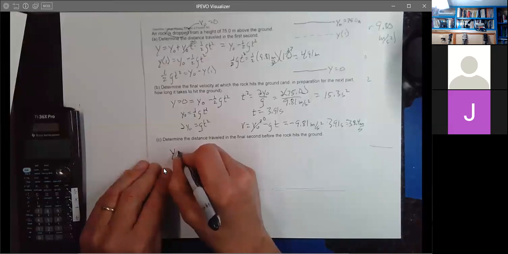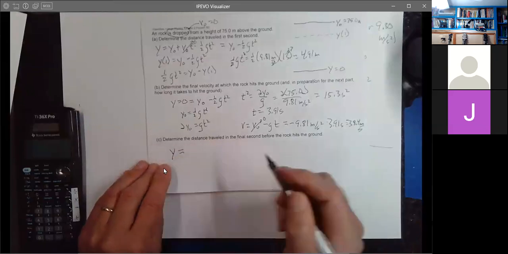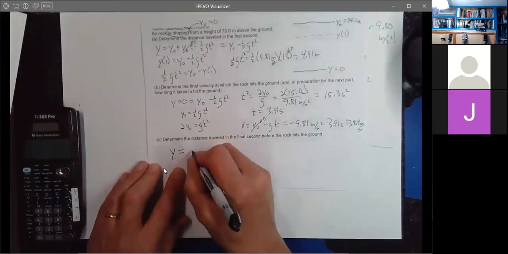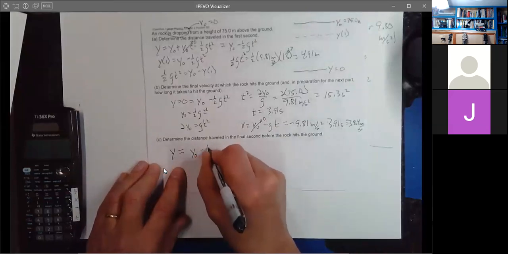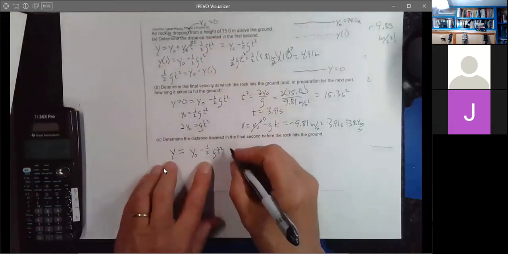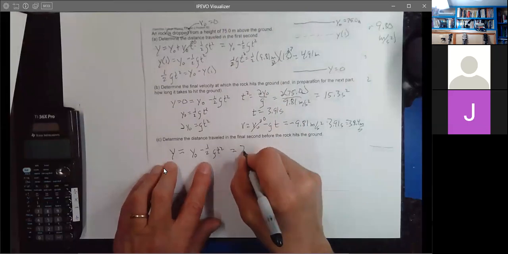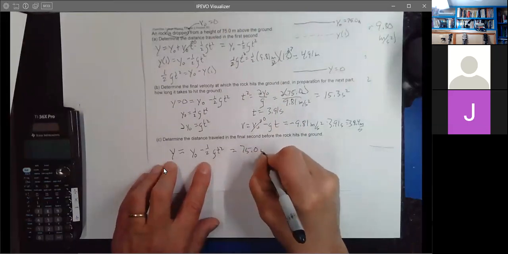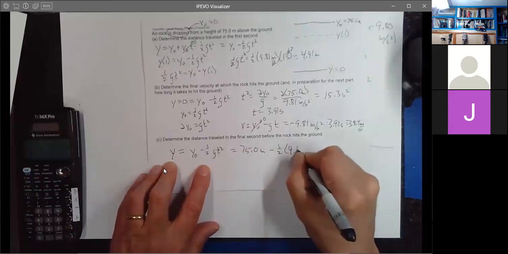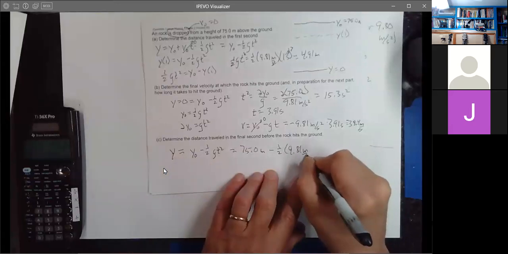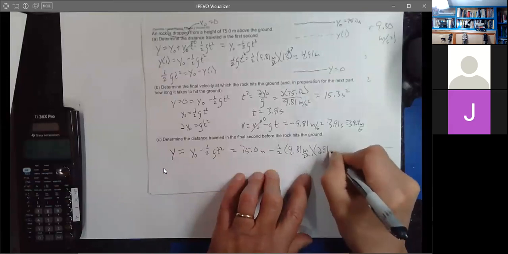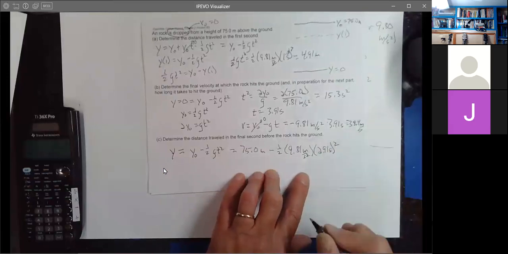So y at 2.91 seconds is going to equal y0 minus 1/2 gt squared. Remember, the v0 is 0. It was dropped. So 75.0 meters minus 1/2 times 9.81 meters per second squared times 2.91 seconds, and I square that.